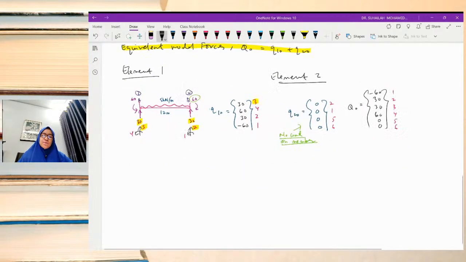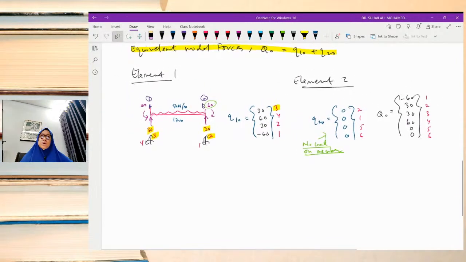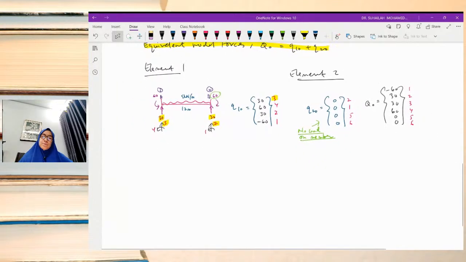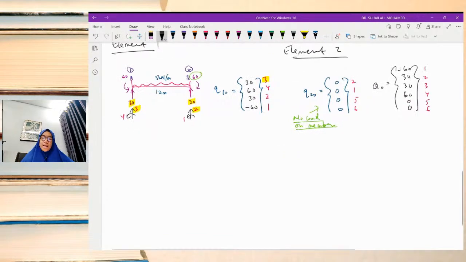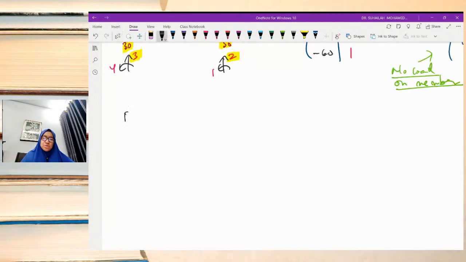Okay, so now the next step, we want to calculate the unknown displacement. We want to calculate the unknown displacement, so we want to write the force displacement equation, or stiffness equation.